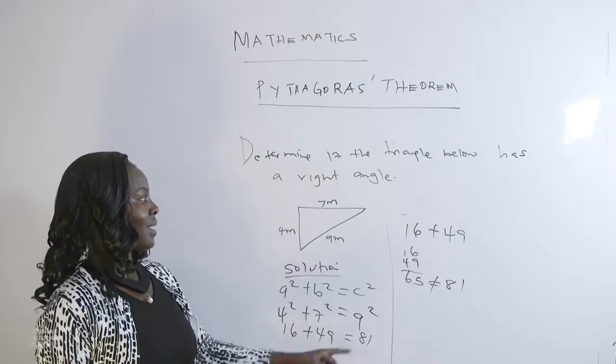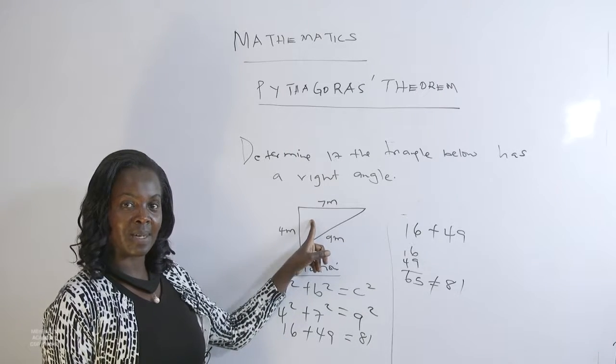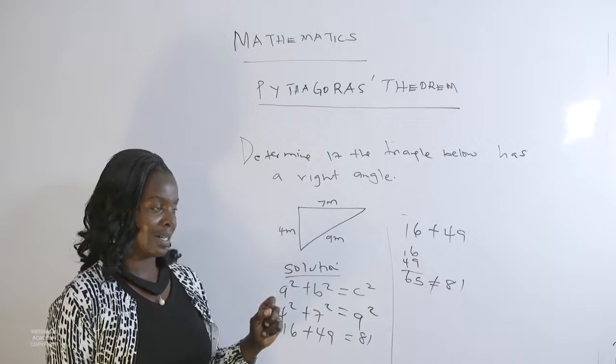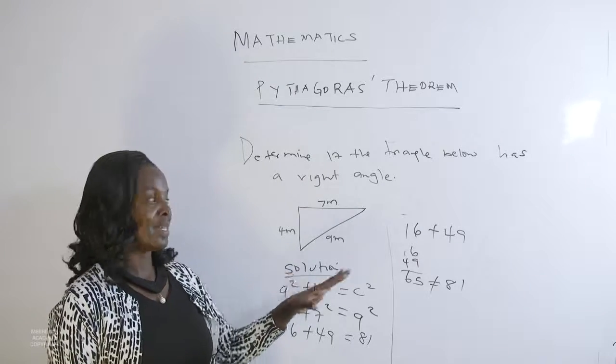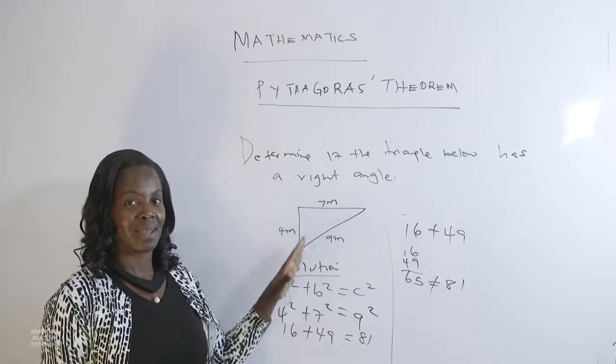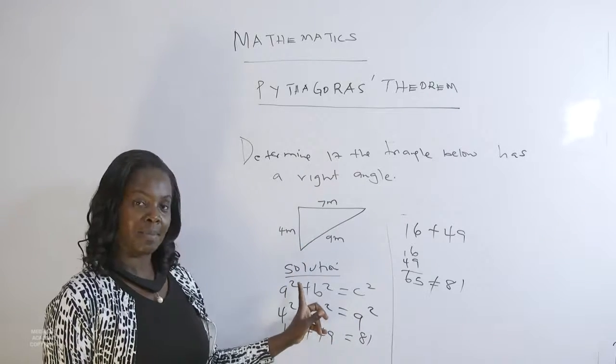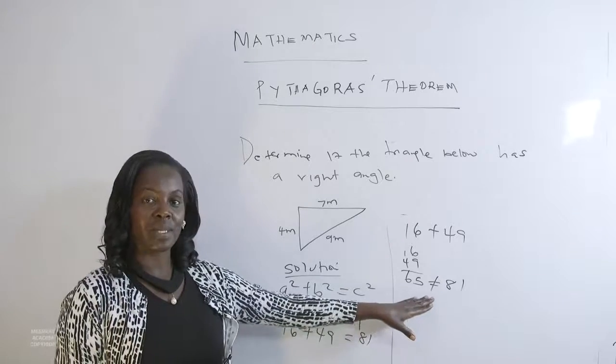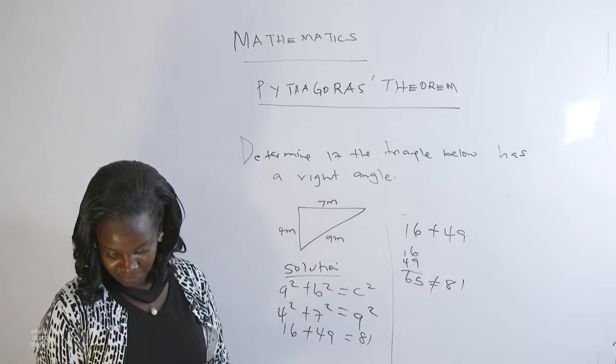That means this triangle here does not have a right angle, because if it has a right angle, then it is supposed to satisfy the Pythagoras theorem, a squared plus b squared equals c squared. That is how we determine if it has a right angle or not.